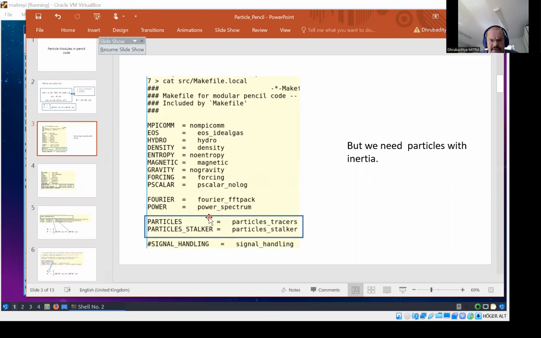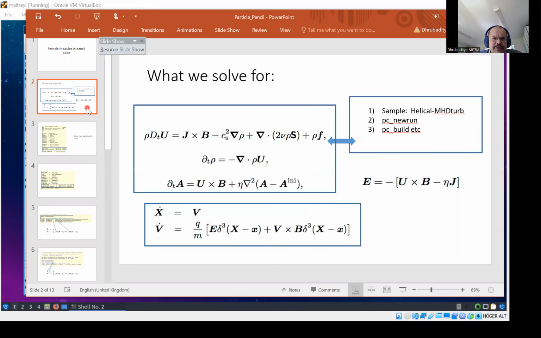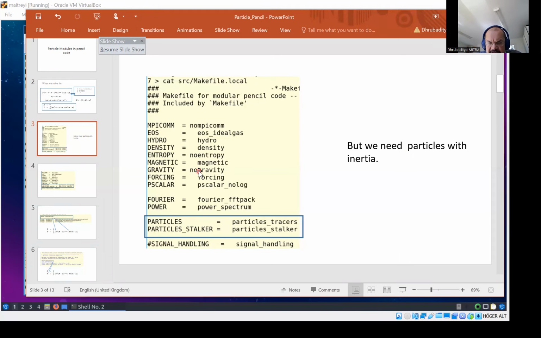So here, now in other cases, for example, if you look at the sample helical MHD turbulence and look at the makefile there, you will find particles equal to particles_tracers and particles_stalker equal to particles_stalker. Now the stalker part is a slightly scary thing, but don't worry about that. So when you have particle tracers, what does it mean?